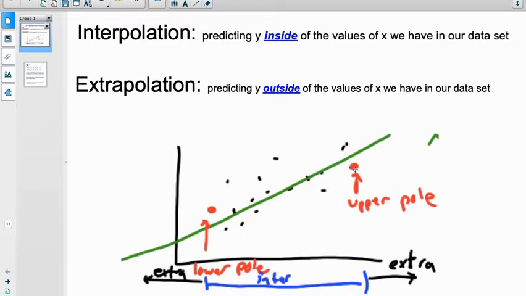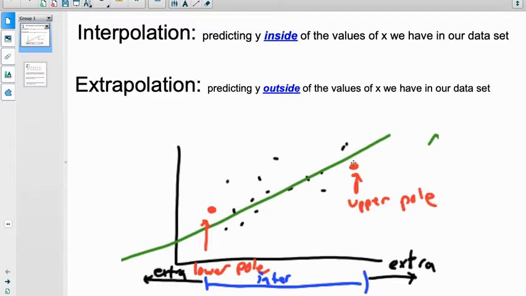All right, so then if we predict y values, our dependent variable, with an x that's inside this range, that's interpolation. And if we try to predict with an x value out here what y would be, that's extrapolation.